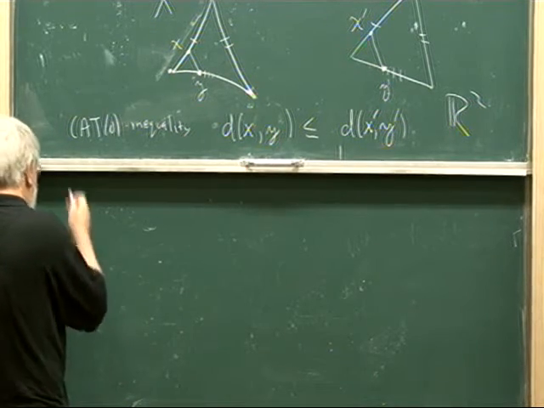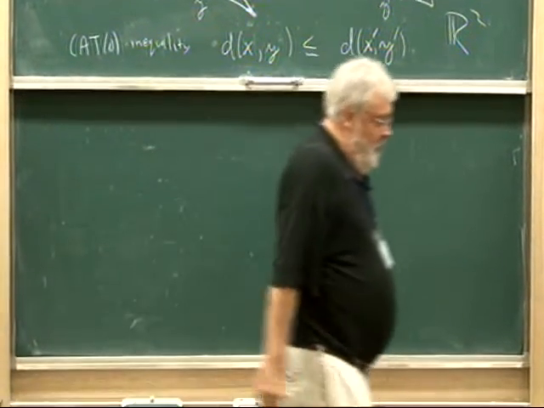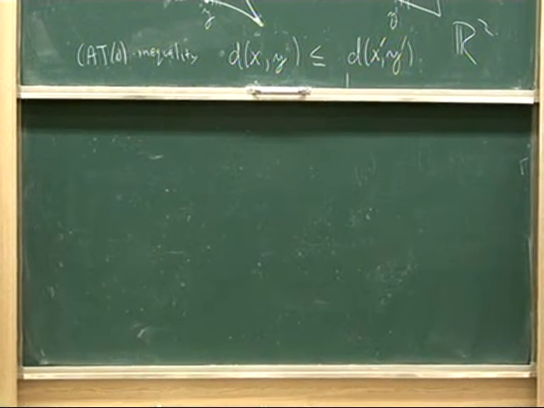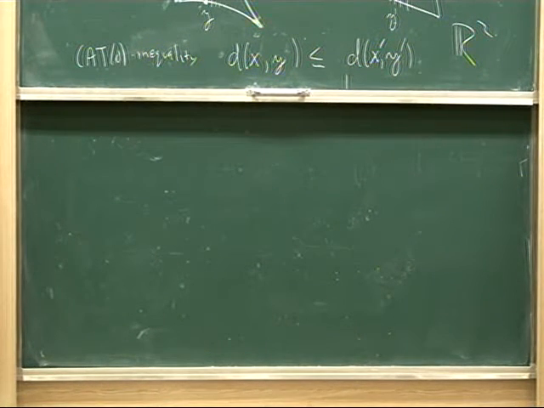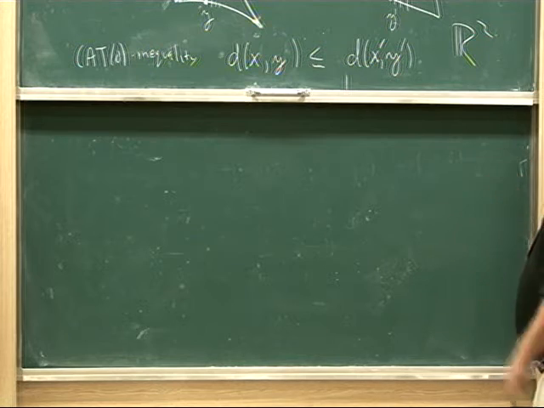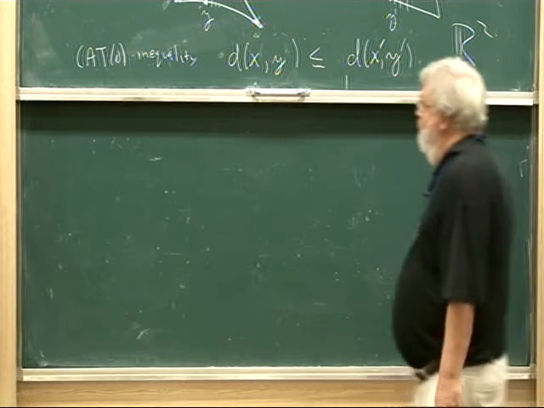Now, you wanted triangles to be thin for this definition of delta hyperbolic, but actually you really only cared about big triangles being relatively thin.